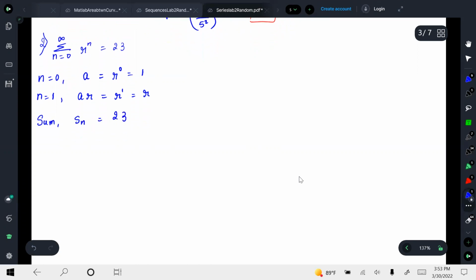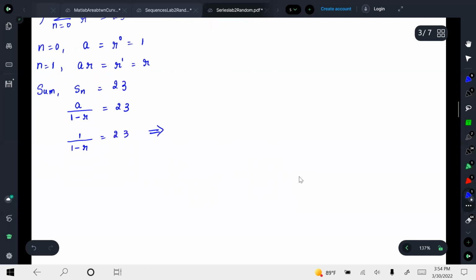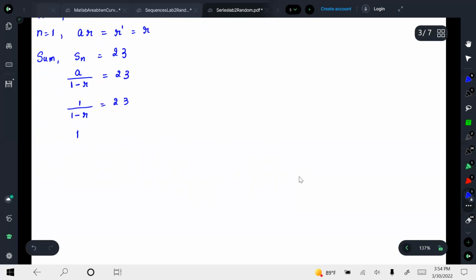Now, what is the formula for the summation of a geometric series? a divided by 1 minus r, that is equal to 23. Now, we know that a is 1. So 1 divided by 1 minus r equals 23. Now, you can find r here, right? So let me write it here. So 1 equals 23 times 1 minus r, that is equal to 23 minus 23r.